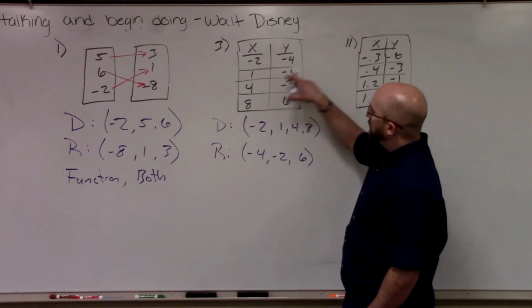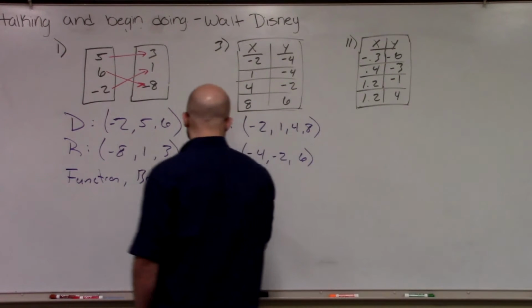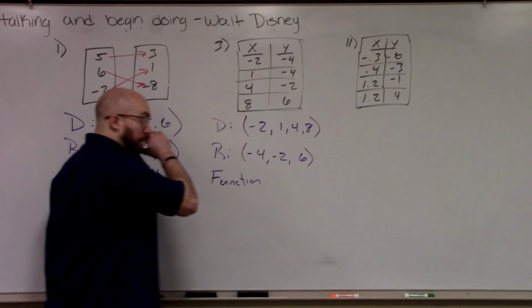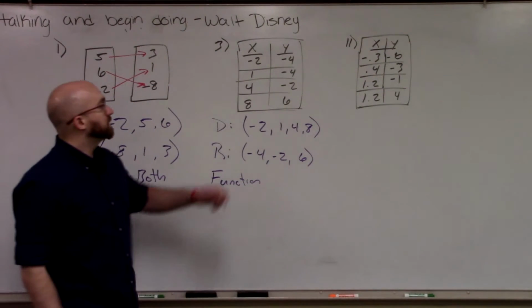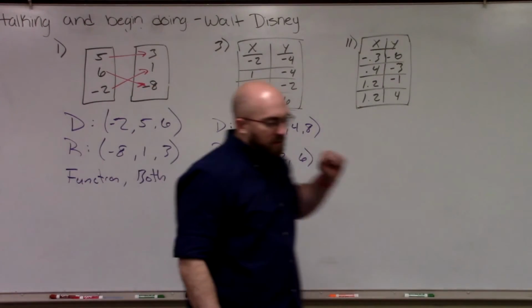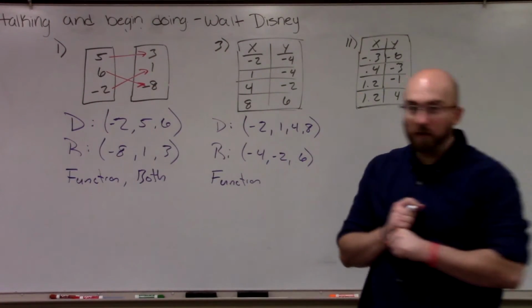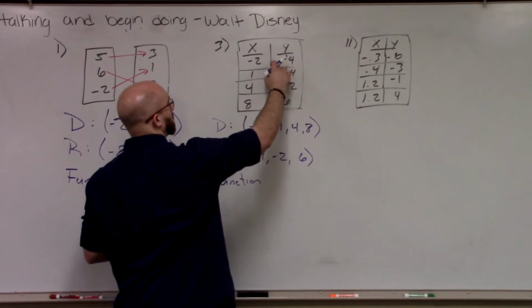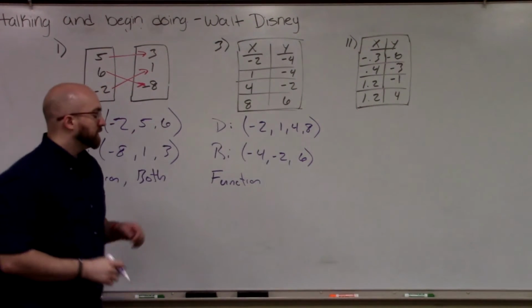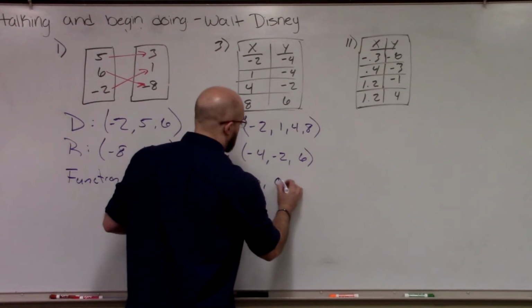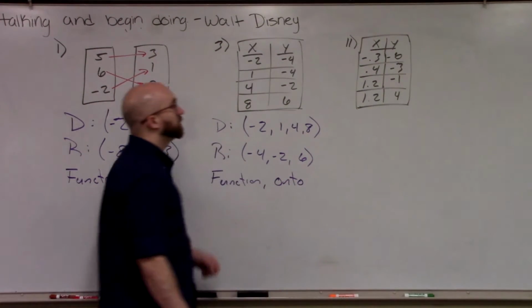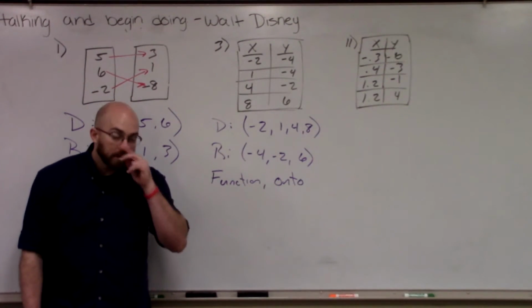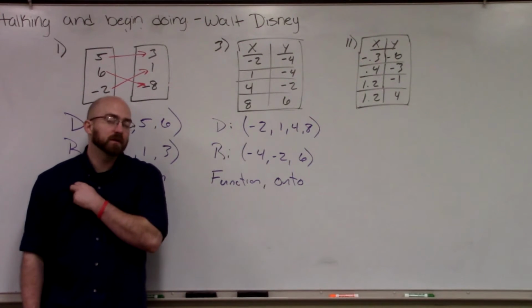Each one of these corresponds to its own number, so it is a function. But it's not one-to-one, because we have 2 different domain values that go to the same term. So this one is going to be onto, where we have 2 variables in our domain going to the same output. It's still a function. It's just not one-to-one, and it's not both.